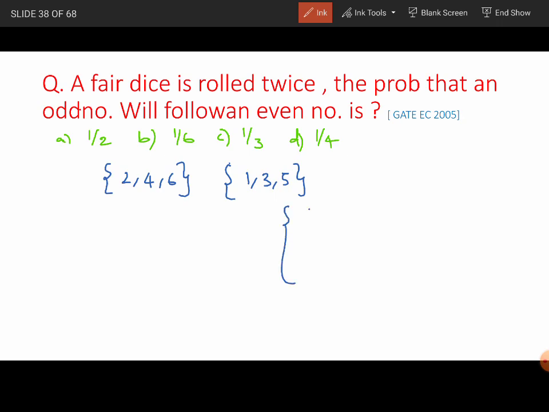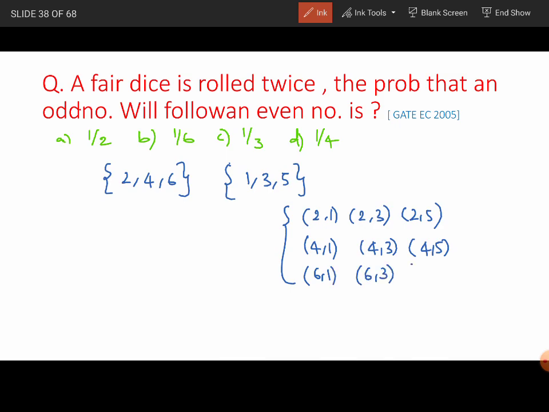And what would be the sample space? 2 1, 2 3, 2 5, because an odd number should follow the even number. 4 1, 4 3, 4 5, 6 1, 6 3, 6 5.